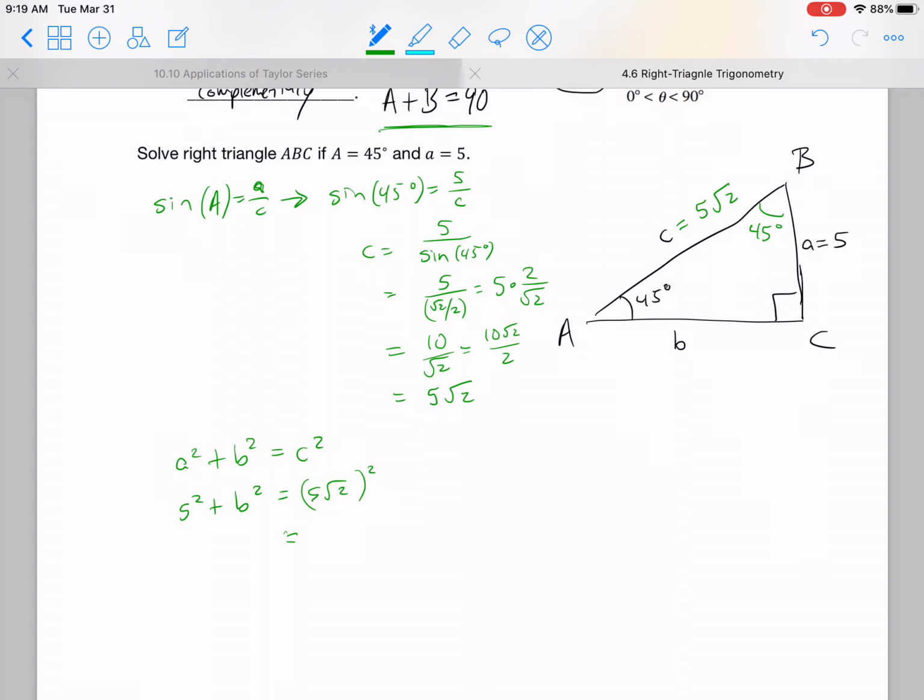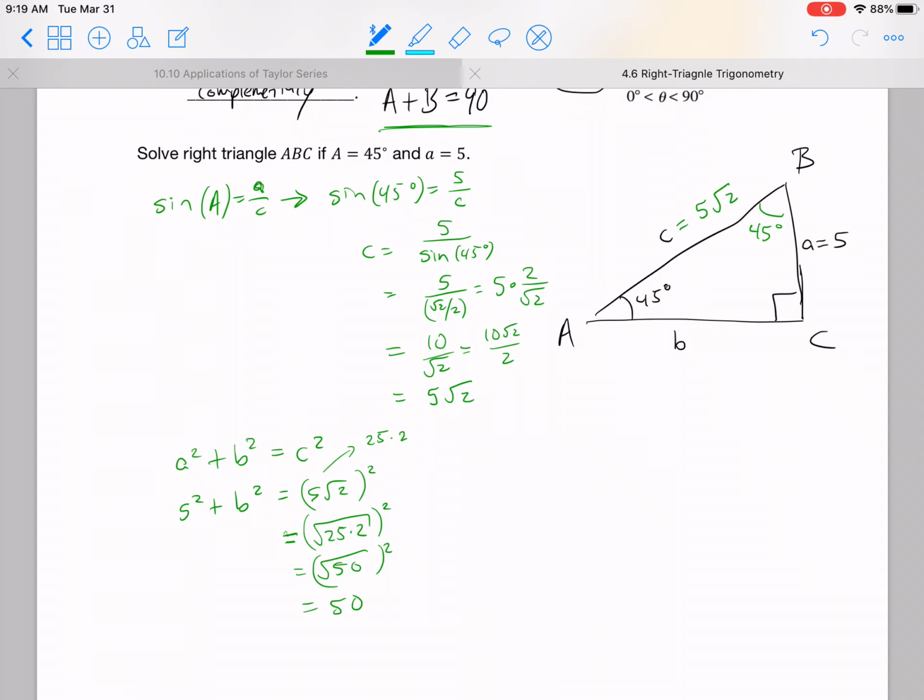We can actually rewrite that. If you're not good with these, it's sometimes a little helpful to make this square root of 25 times 2, which is the square root of 50, and it's being squared. Okay, so this side will just give us 50. The other thing you could have done is just square, and it would have been 25 times 2, because 5 squared would have been 25, and then square root of 2 squared would have been 2.